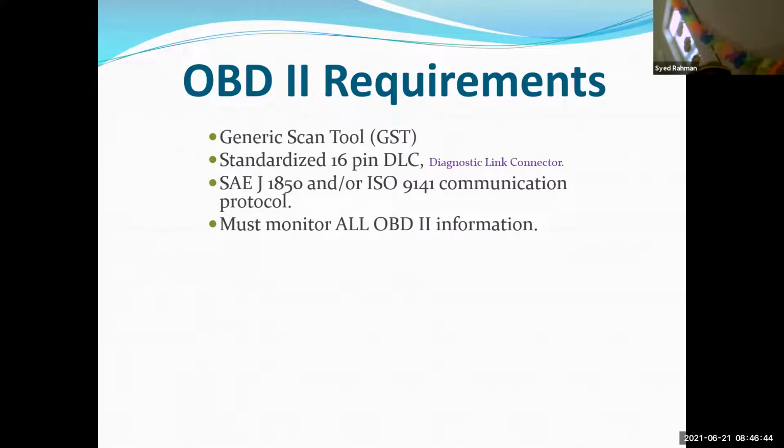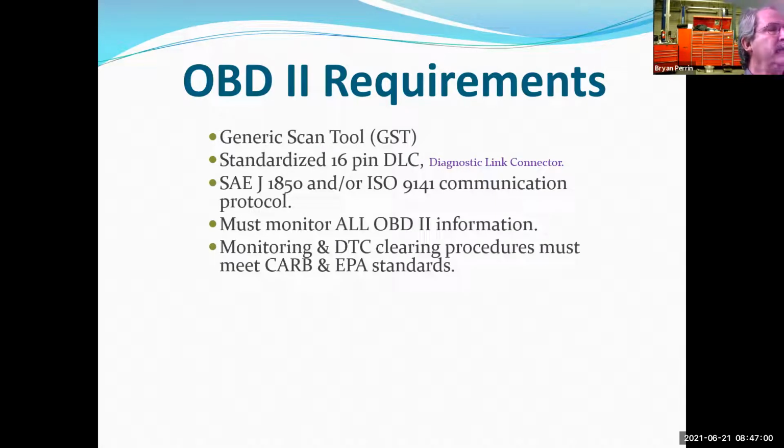Now, all has changed, because all in 96 is very different than all in 2000, all in 2004, all in 2008, all in 2012, all in 2016. All has evolved, okay? Monitoring and DTC clearing procedures must meet CARB and EPA standards and be standardized.